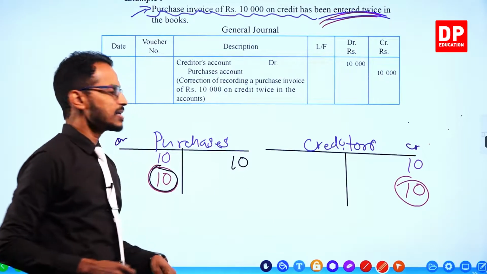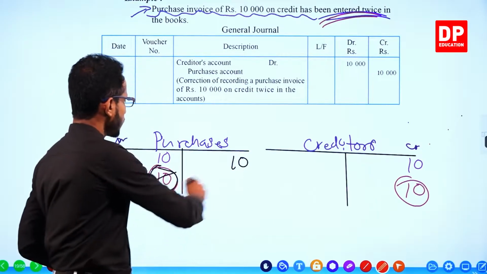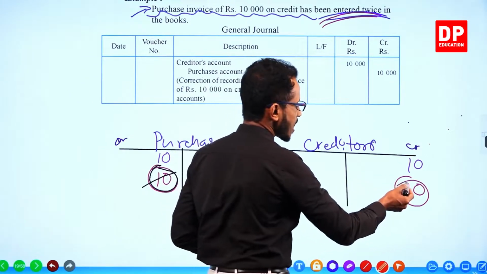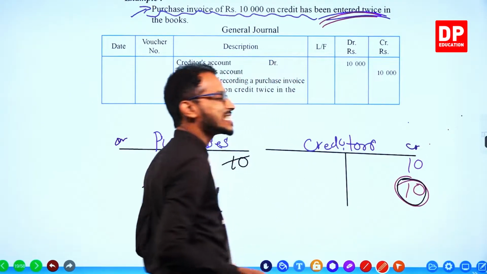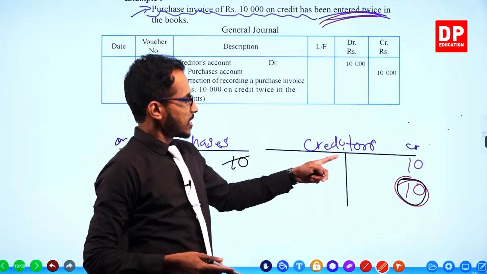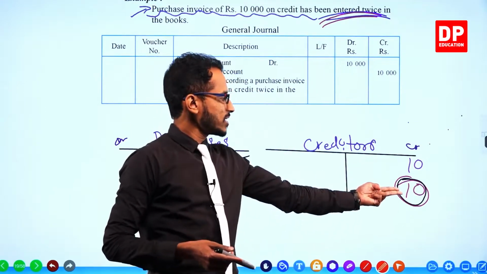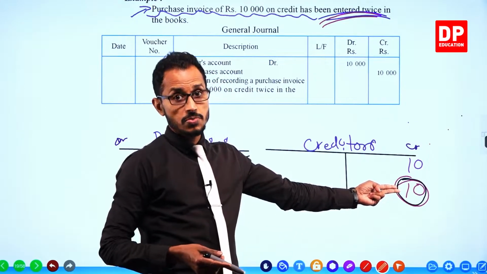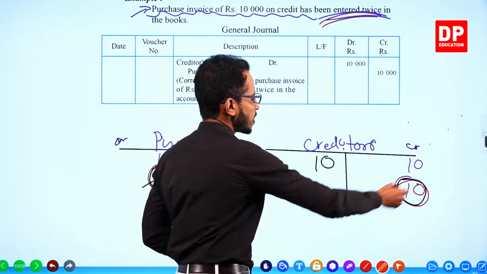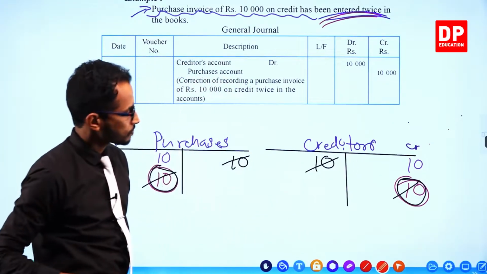You credit purchases and this 10 will be cut off to this 10. And if in the creditors account there is a 10,000 in the credit side which is not necessary, you debit that 10,000 and it will be cut off.